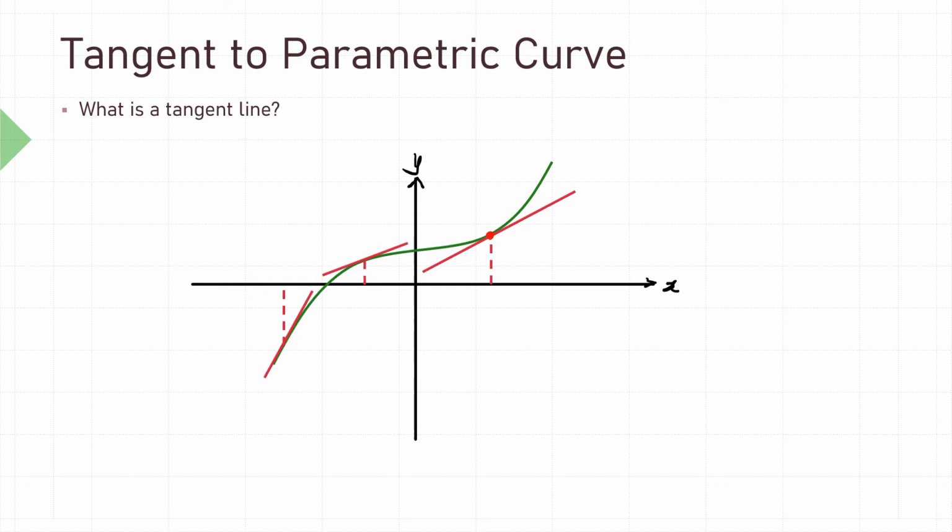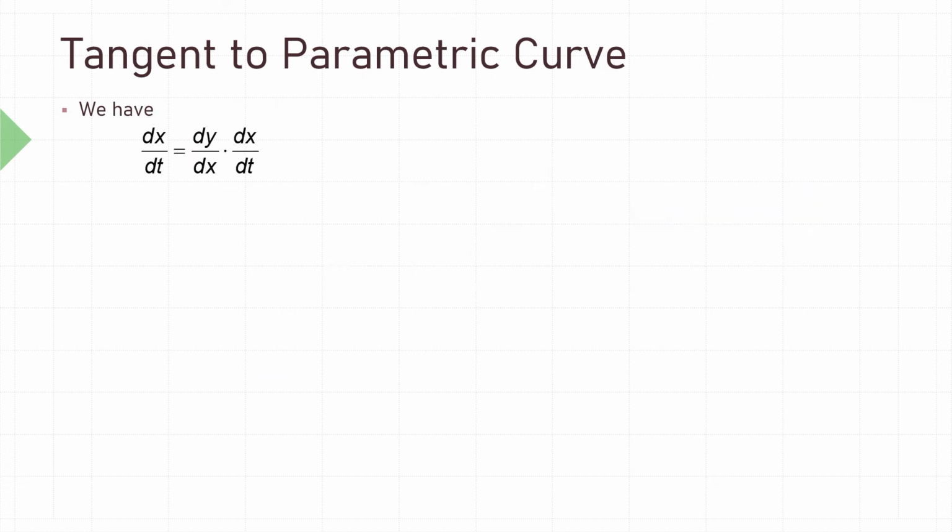Now we need to recall that for the tangent line, the slope of the tangent is given by dy over dx. We have dy over dx multiplied by dx over dt, and if you can see, dx is cancelled, so we have dy over dt.